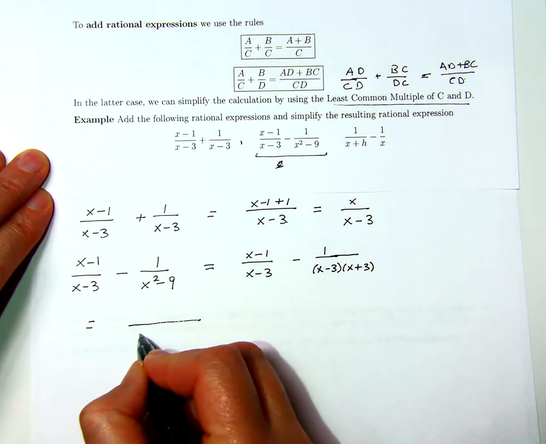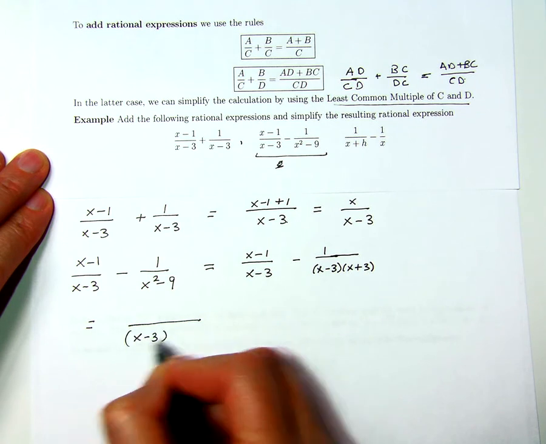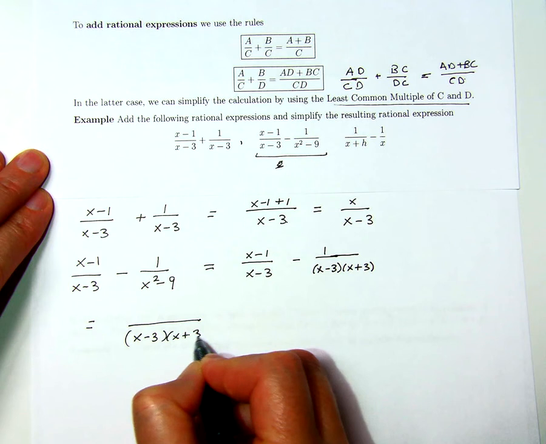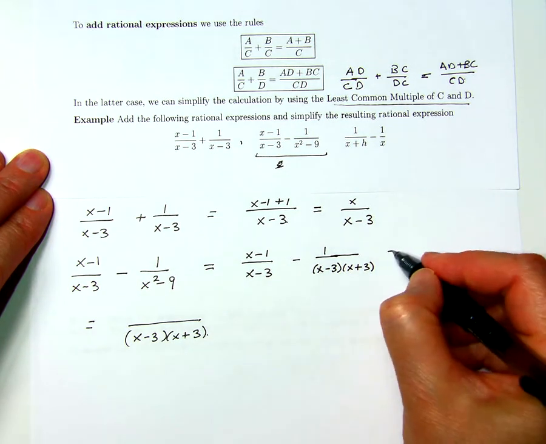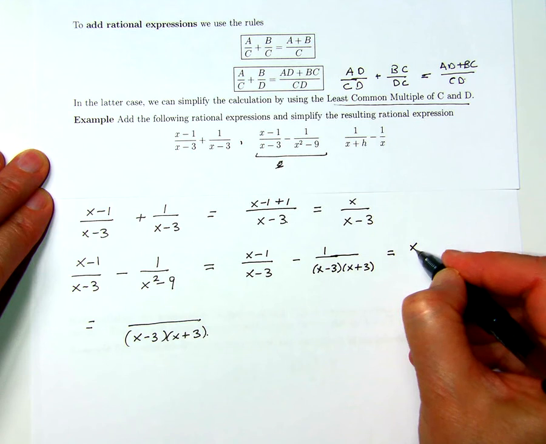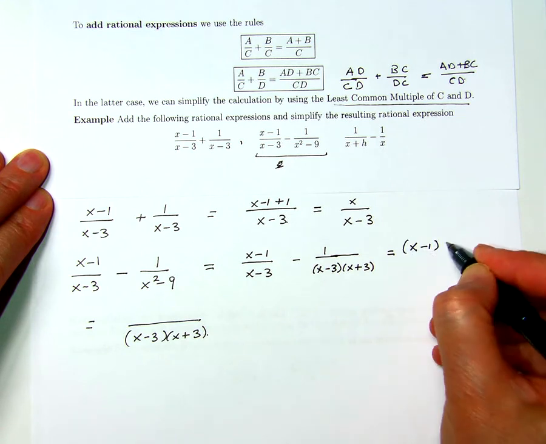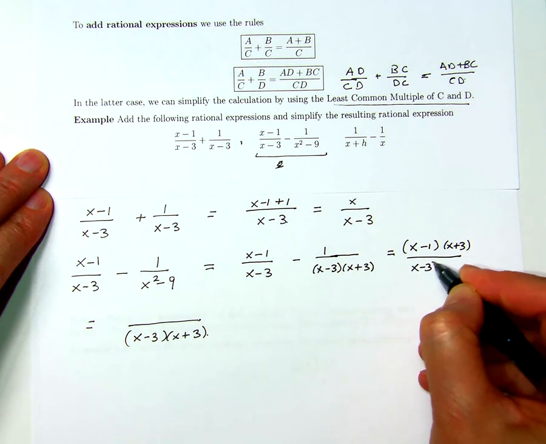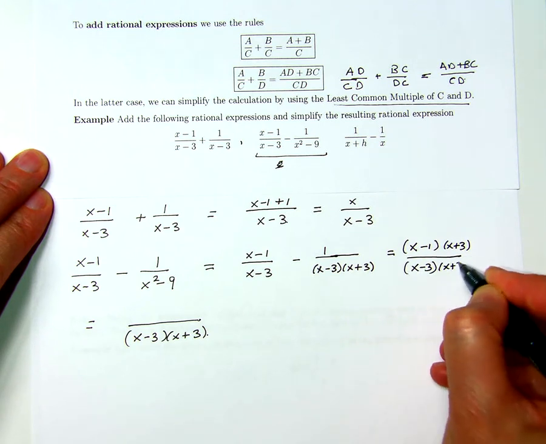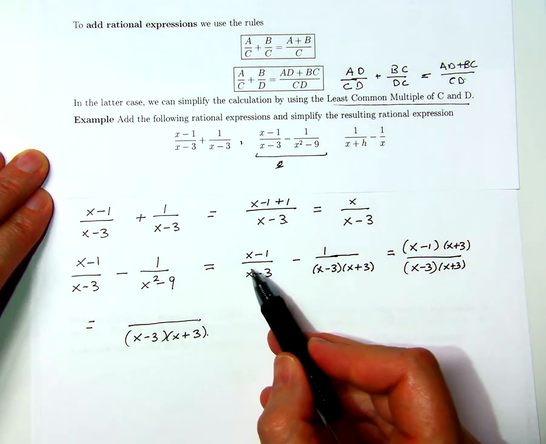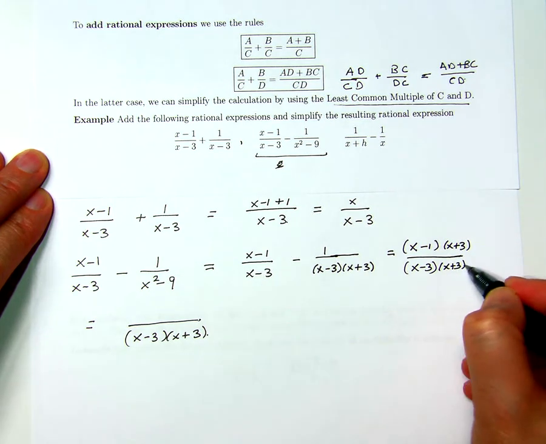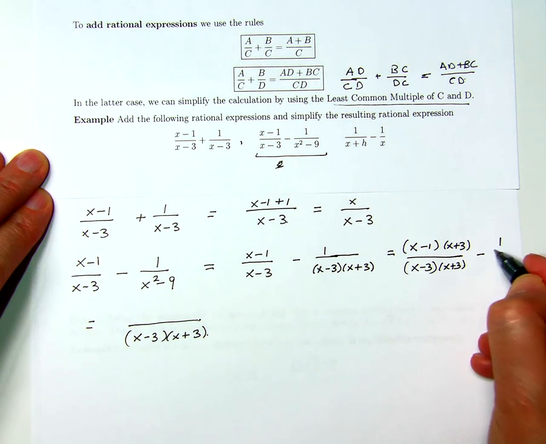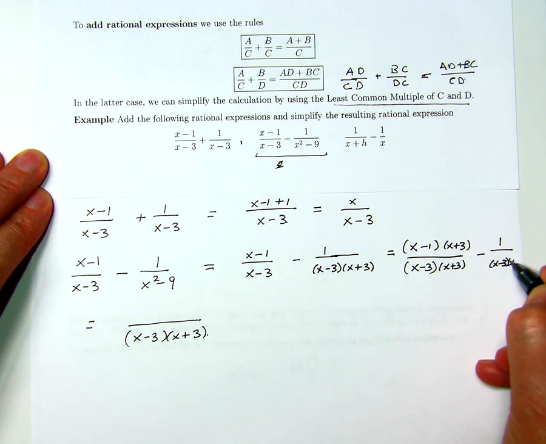So I can create a fraction with this least common multiple. And how do I do that? Well, I have x minus 1 times x plus 3 here over x minus 3 times x plus 3, and that's the same as this one everywhere except that x equals minus 3, minus 1 over x minus 3 times x plus 3.